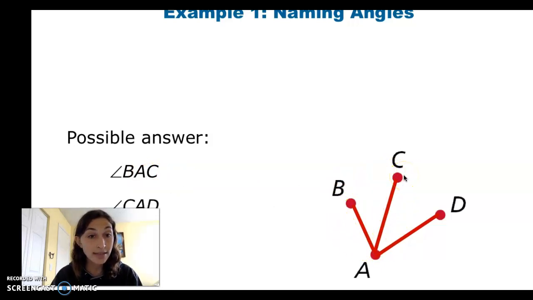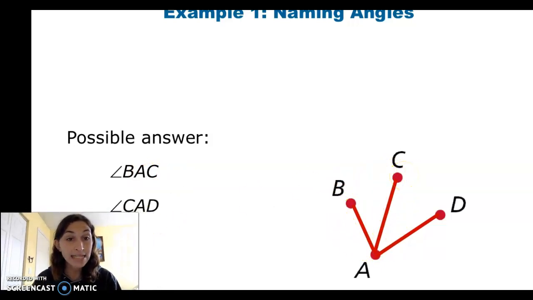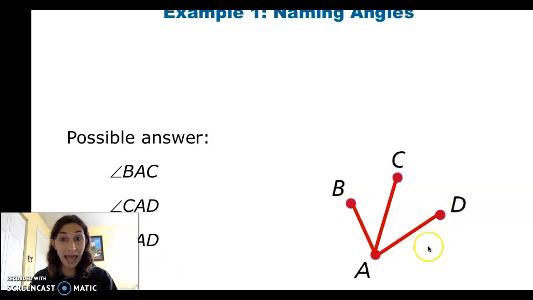I can also see angle CAD, which is right here. So now I see 2 angles, BAC and CAD. I also have angle BAD. So that is 3 angles in this picture right here.